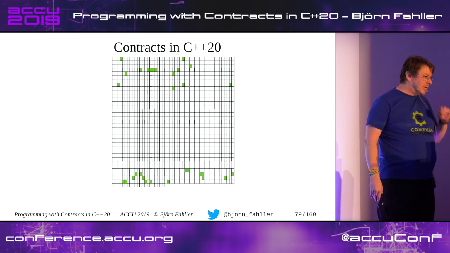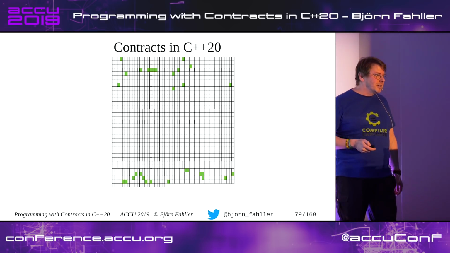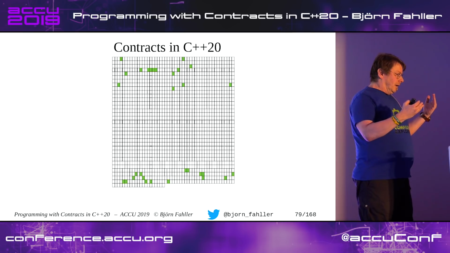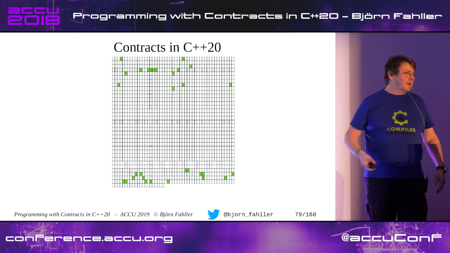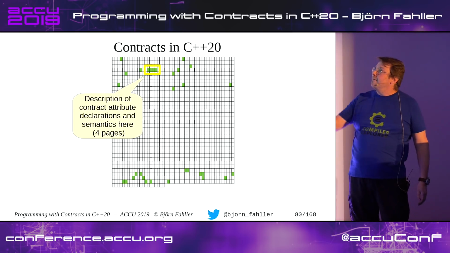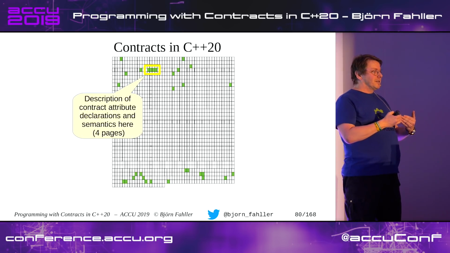One rectangle for every page. The green ones are, in one way or another, about contracts. The last few lines are the index and grammar and such, so we can forget that. And the first one is pretty much table of contents. We have 4 pages here that describe contract attribute declarations and semantics.